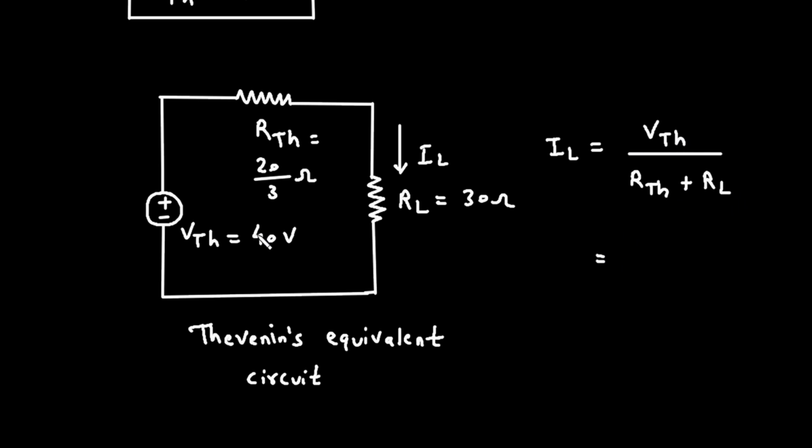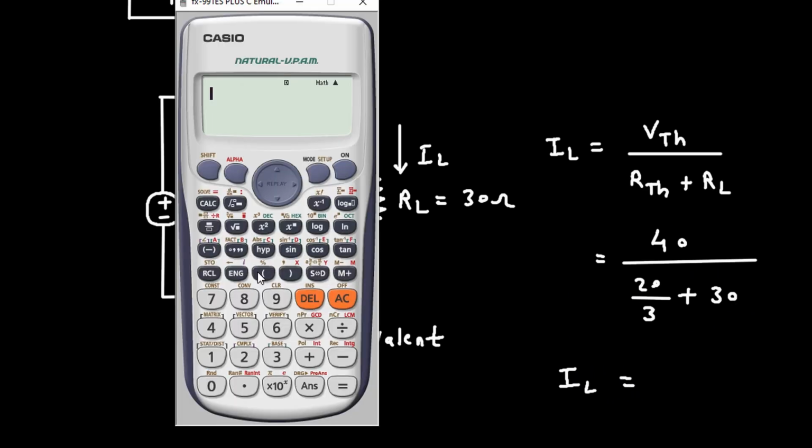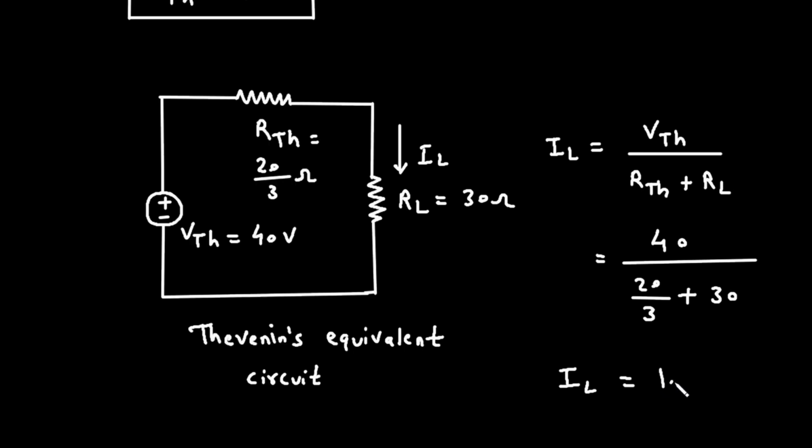Now here the value of VTH is 40, RTH value is 20 by 3 plus RL value is 30. So therefore IL is equal to, let's calculate this, 40 divided by 20 by 3 plus 30. It is 1.09. 1.09 ampere is the value of load current IL.